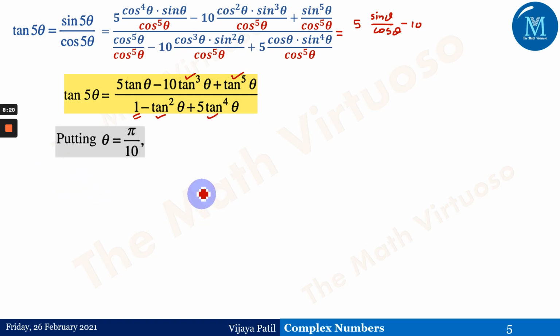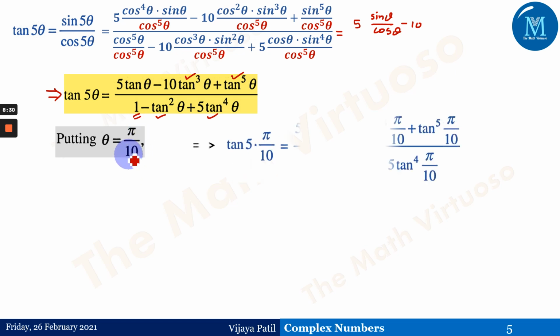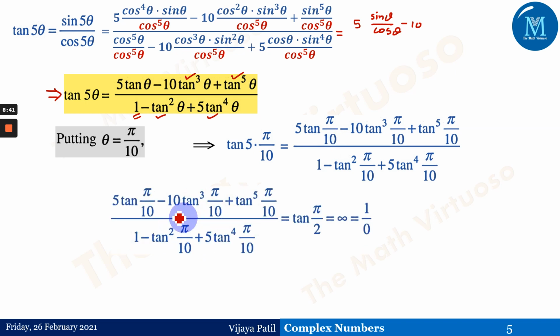Now if you observe, every theta would be replaced by pi by 10, so in this particular identity we put theta as pi by 10. So every theta I have replaced here with pi by 10. So tan 5 pi by 10 gives us tan of pi by 2.